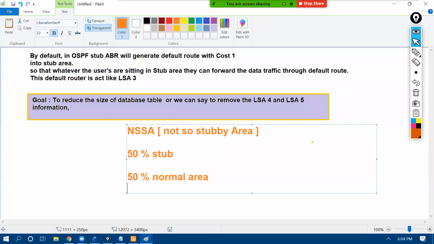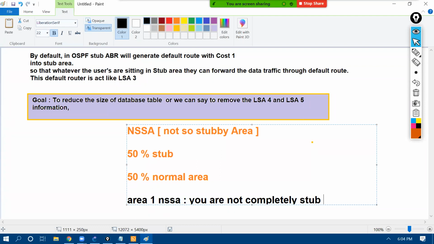So try to understand what we are saying. If I say area 1 is an NSSA area, you are not completely stub or not completely normal.